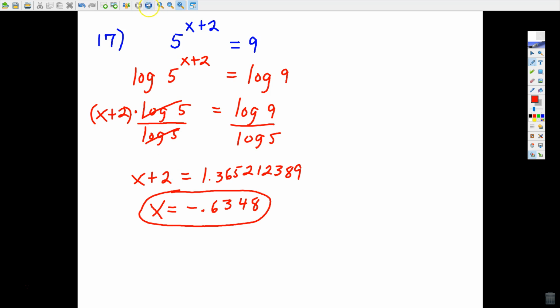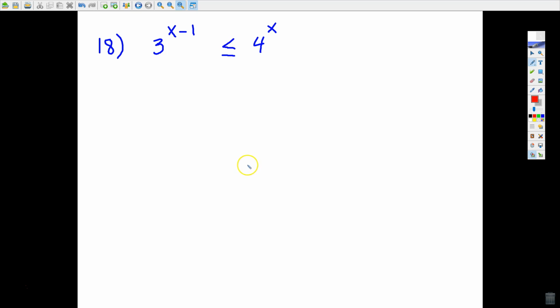Okay. Now let's move over to number 18, and it's an inequality, but we're going to go about it the same way that we did with the equation. I'm going to do log on both sides. And power property, but this time the difference is I'm going to do the power property on both sides.